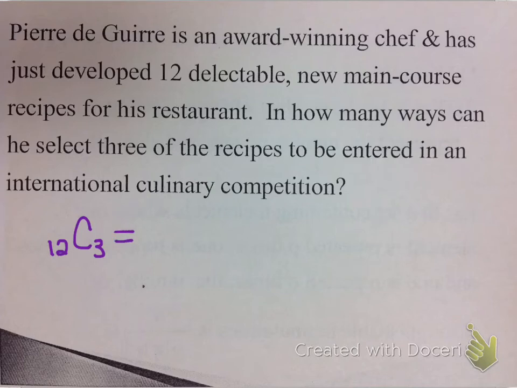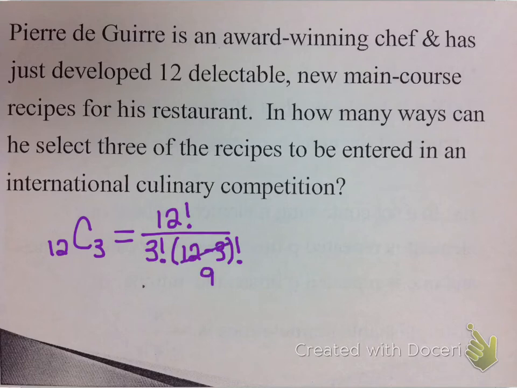So what we're going to do is set it up algebraically again, and then of course we can always confirm it with our calculator. So that would be 12 factorial over 3 factorial, 12 minus 3 factorial. Excuse me. And of course the 12 minus 3 is going to give me 9.